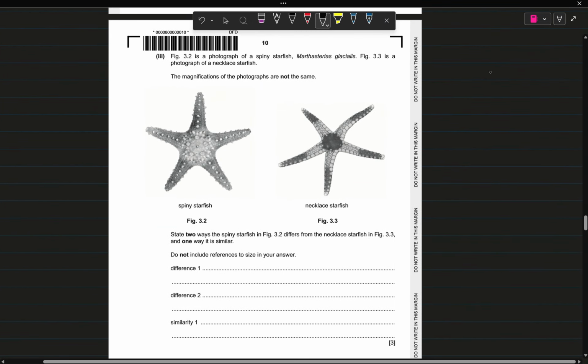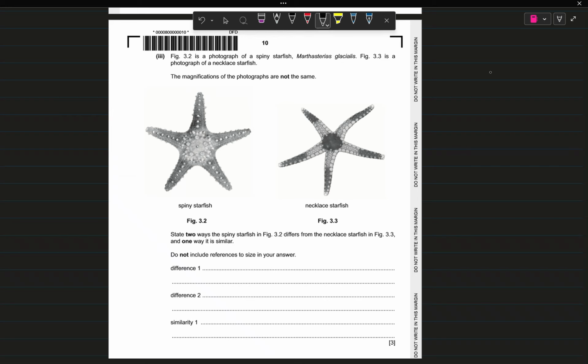Okay, now figure 3.2 is a photograph of a spiny starfish. Figure 3.3 is a photograph of a necklace starfish, which is exactly what we just drew. So the magnifications of the photographs are not the same. State two ways in which the spiny starfish in figure 3.2 differs from the necklace starfish in figure 3.3.